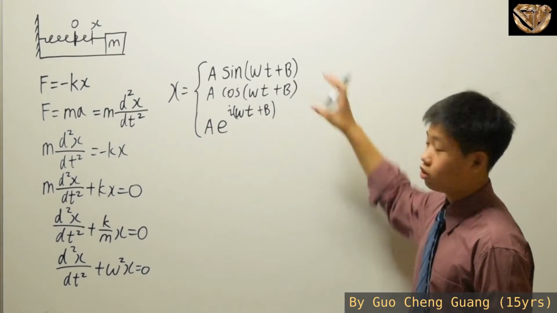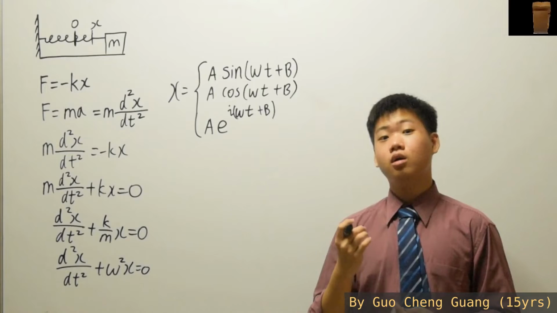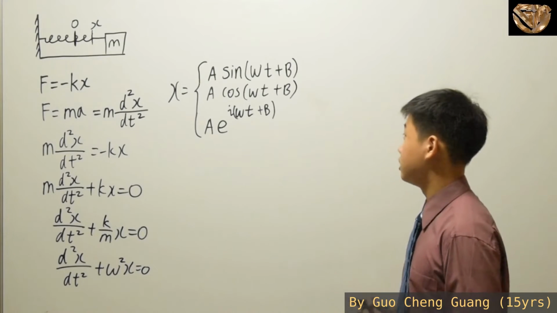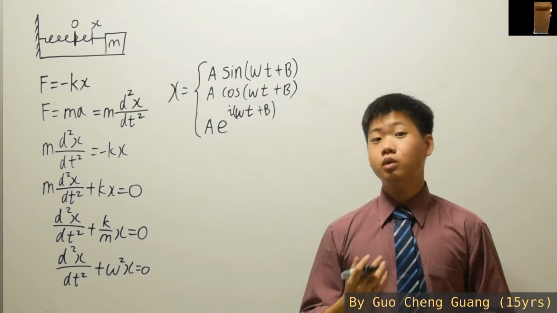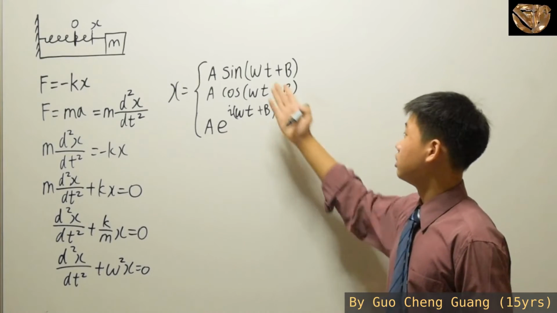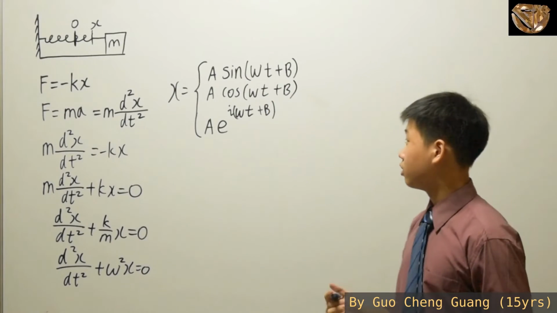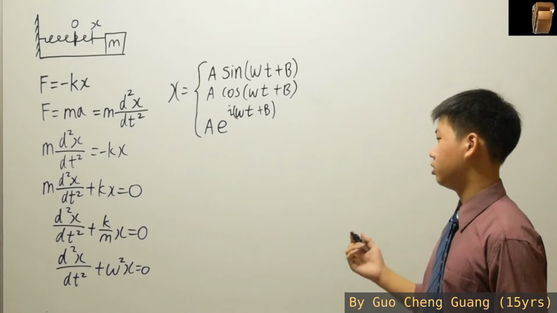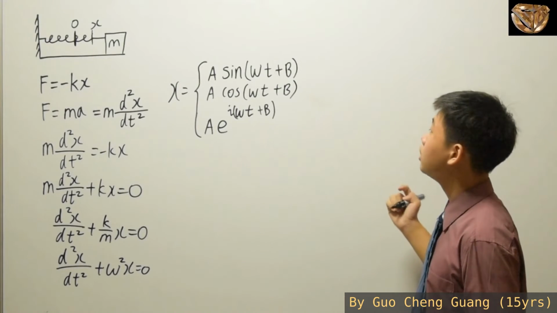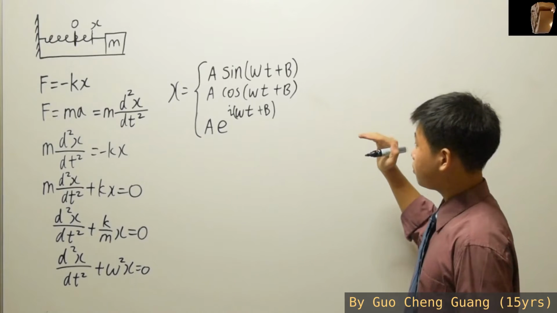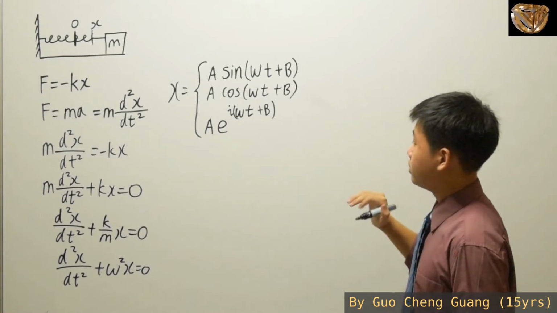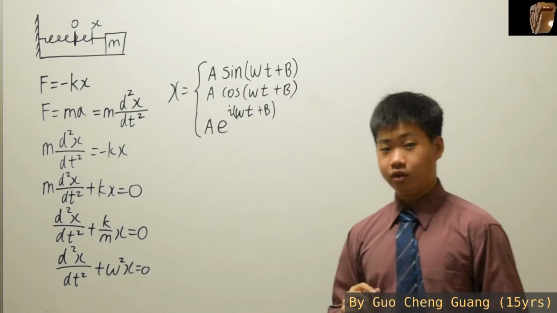The first two cases are much easier to understand, aren't they? Since you would probably already have learned sine and cosine graphs. So sine and cosine graphs, or sinusoidal and cosinusoidal graphs, whatever you like to call them, the thing about them is it keeps repeating, right?